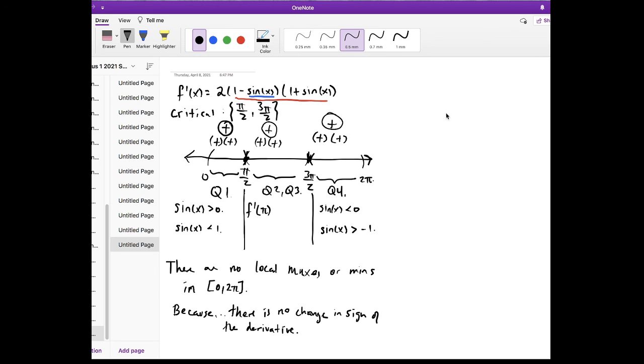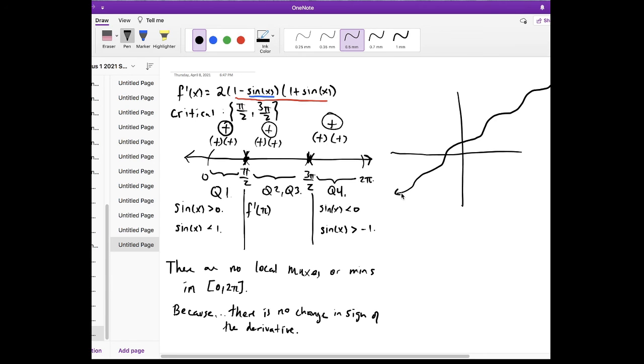Okay, so if you're curious, what does this function even look like? Kind of looks something like this. It flattens out some places. That's where the derivative is 0. And it's always increasing.